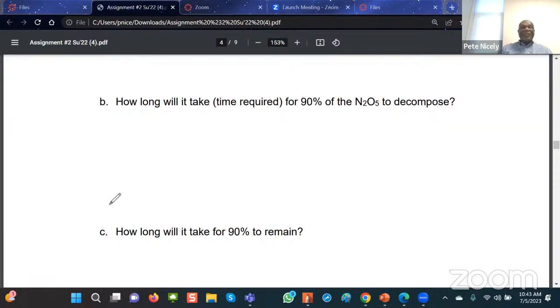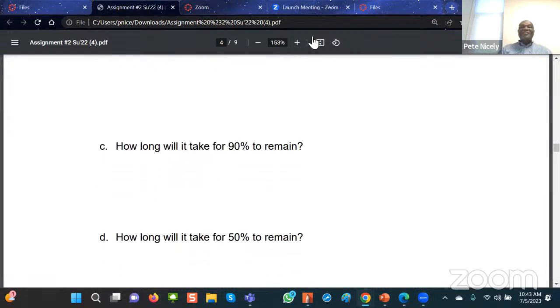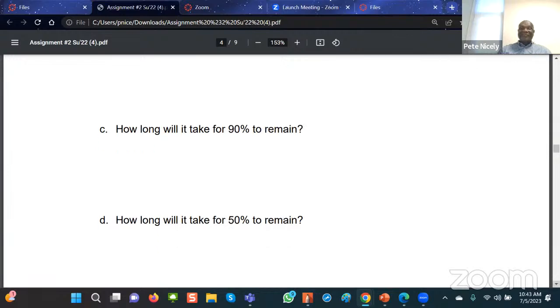Okay, so if you understood what I just did in B, then you should be able to understand how to solve the C part. So let's hear your suggestions. Now, in this case, it says, how long will the reaction take for 90% to remain? Let's scroll down a bit here.